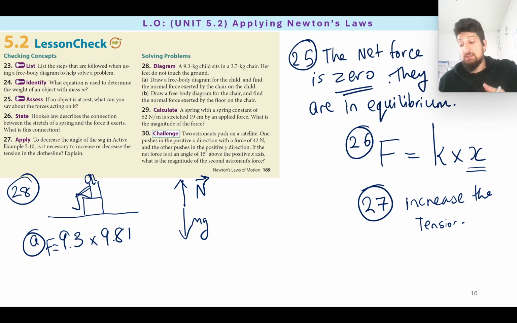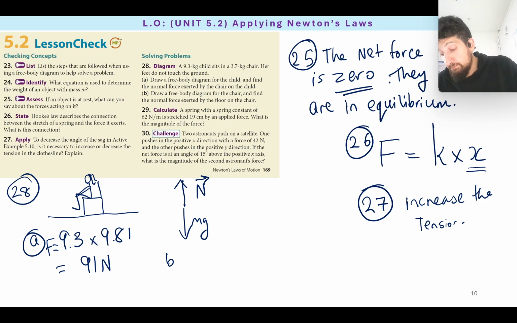Her mass multiplied by the pull of gravity. So the chair has to withstand that, which is 91 newtons up. That's how much the chair is applying.